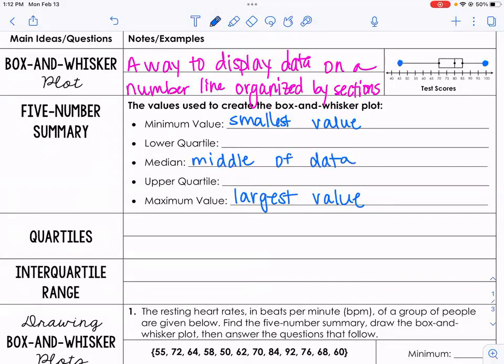And that is the data point that we put inside the box of the box and whisker plot. Then we have what's called the lower quartile and the upper quartile. The lower quartile is what we're going to consider the median of the lower half of the data. And the upper quartile is the median of the upper half of our data.